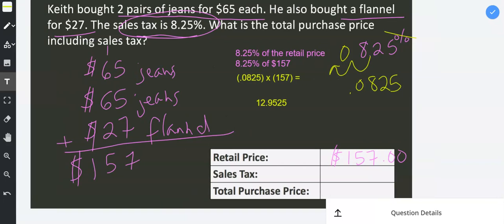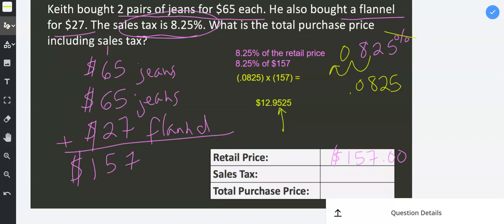Since this is a dollar amount, well, I should add a dollar sign. And we're rounding to the nearest hundredth for money. Let's see if I can get that in the right spot. There we go. Now, the hundredths place is right here.